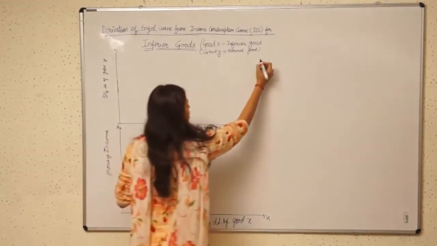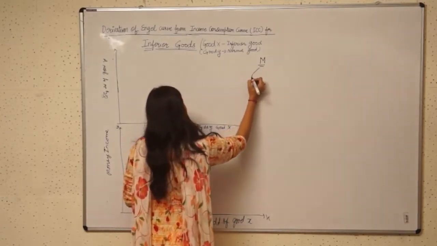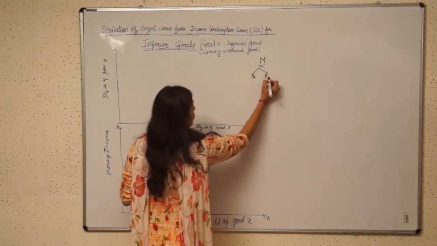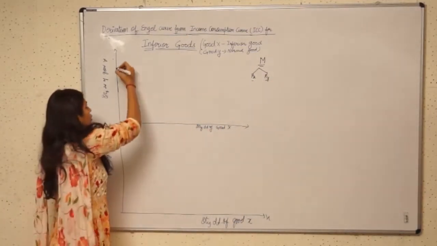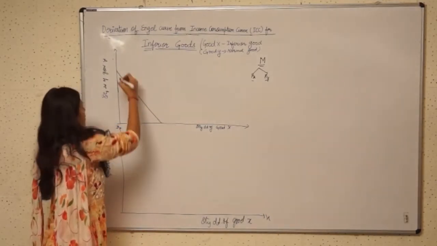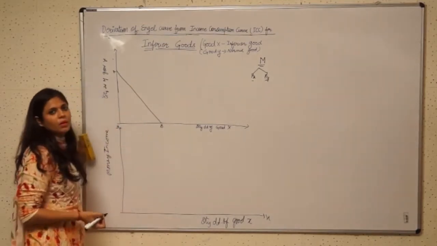So given the money income of a consumer is M and the price of commodity X as Px and price of commodity Y as Py, we are going to get a budget line AB.